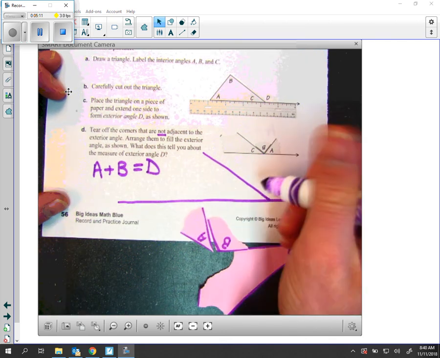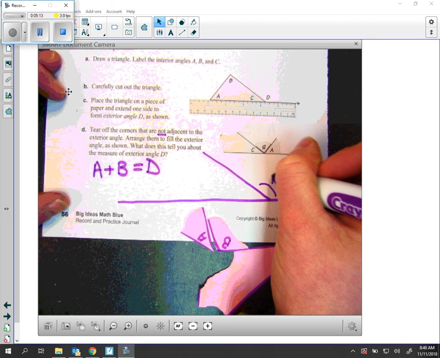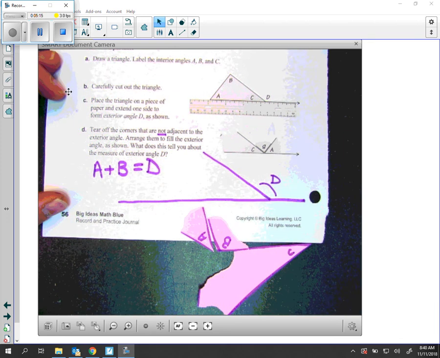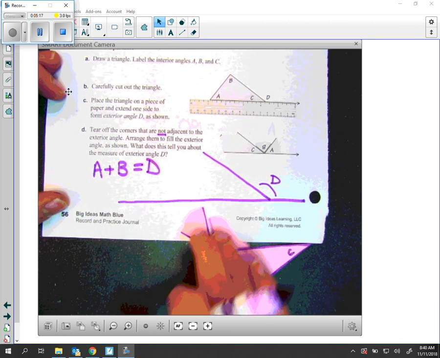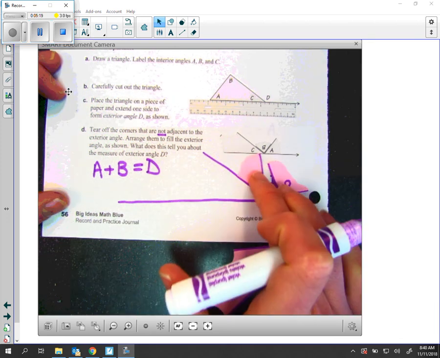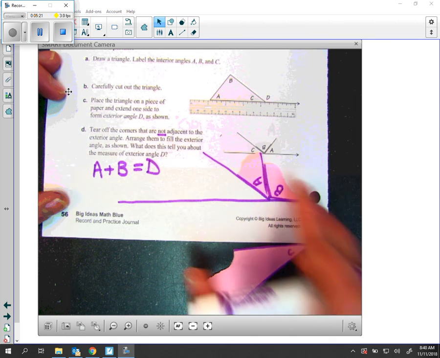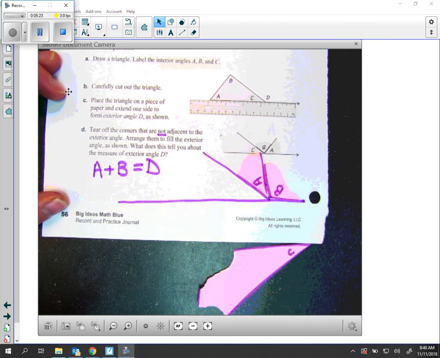I forgot to say that this was angle D. But by putting angle A and B together, by adding them up, as you can see here, they actually equal that exterior angle D. So the non-adjacent angles added together equal the external angle.